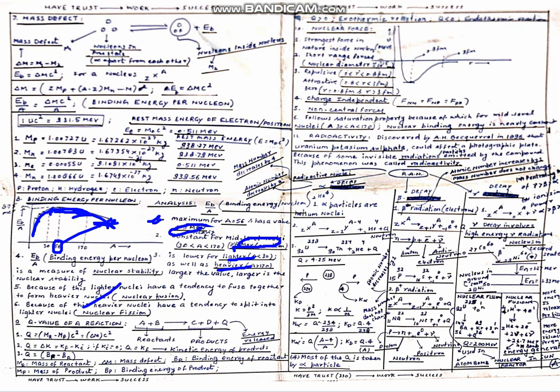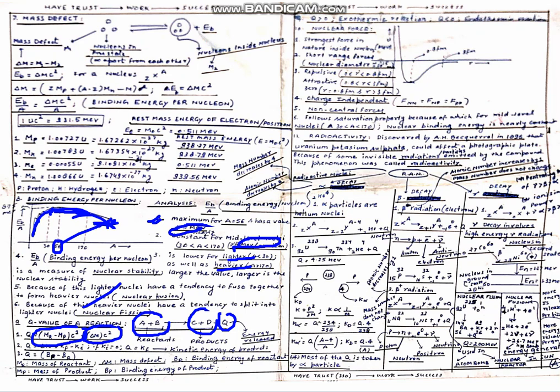Then there is a concept of the Q value of a reaction. Suppose there is a nuclear reaction in which A plus B gives C plus D plus Q. Then Q is the energy released in the process, which is equal to the mass defect, that is, the mass of reactants minus products into c squared, which is also delta M into c squared.